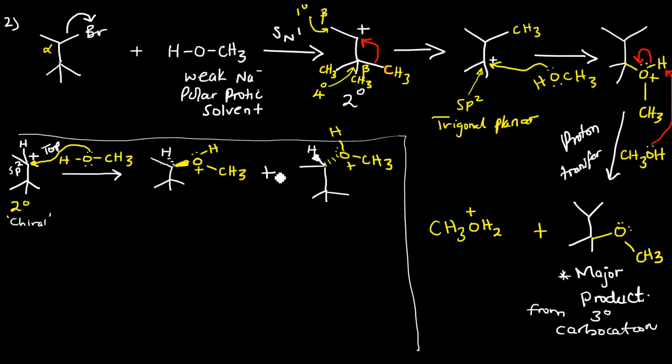So now these are the two options. Now notice that we are not done. The oxygen is positively charged. Again, I will insist one must do the last step, which is always proton transfer.